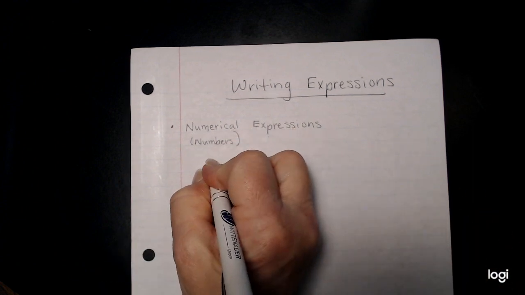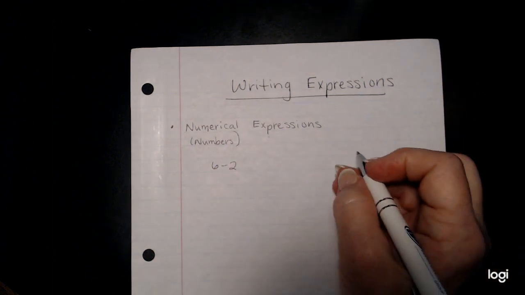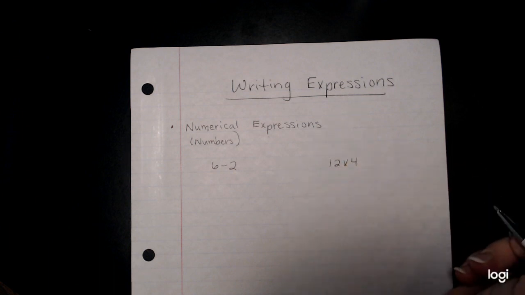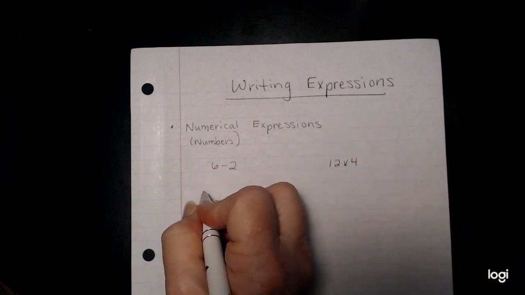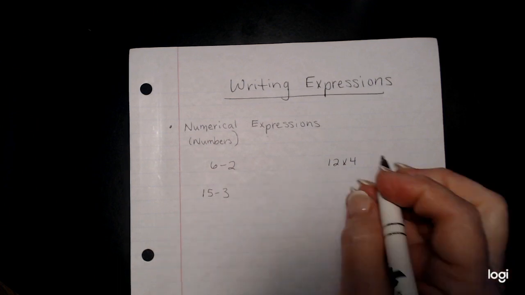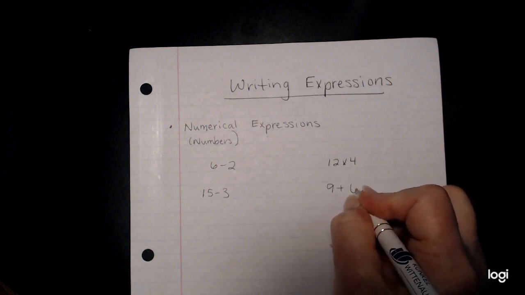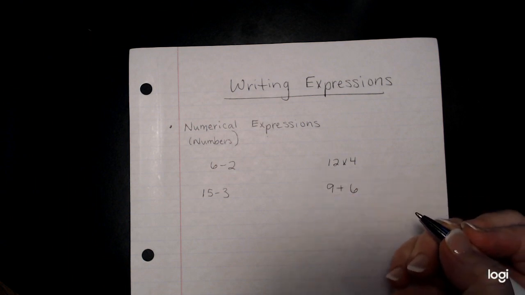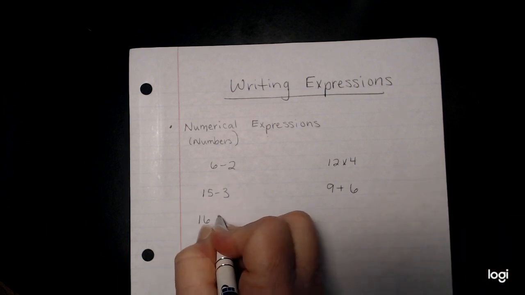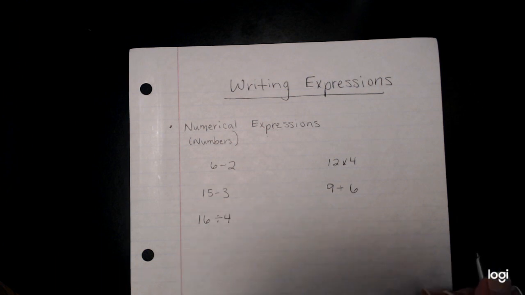I could say 12 times 4. 15 minus 3. 9 plus 6. I could also do a division one, which could be 16 divided by 4. So numerical expressions are basically math problems without the equal sign.